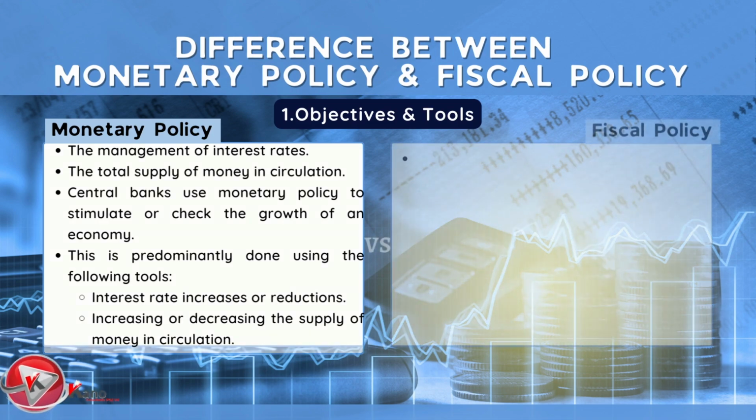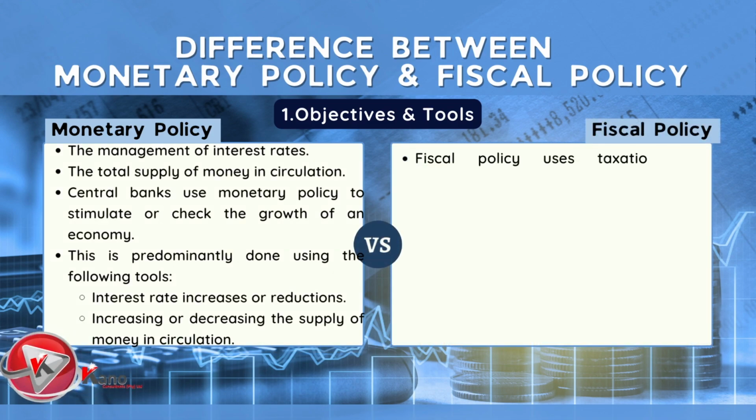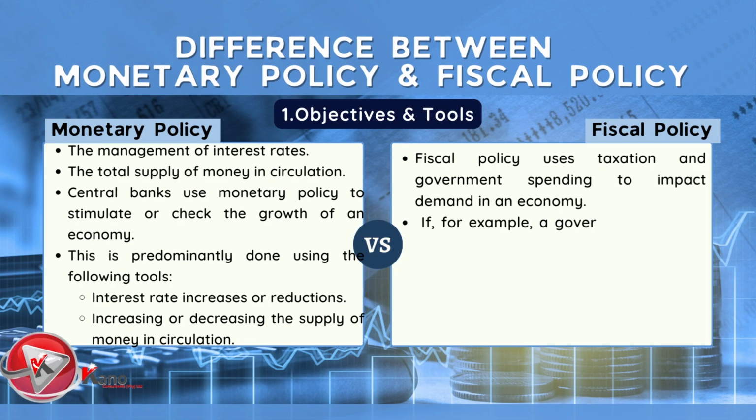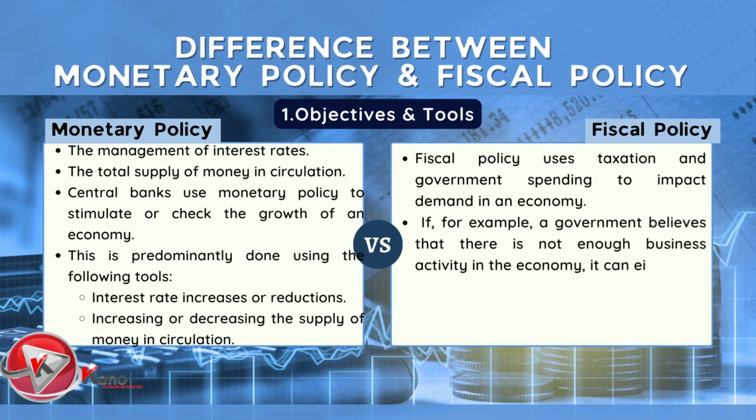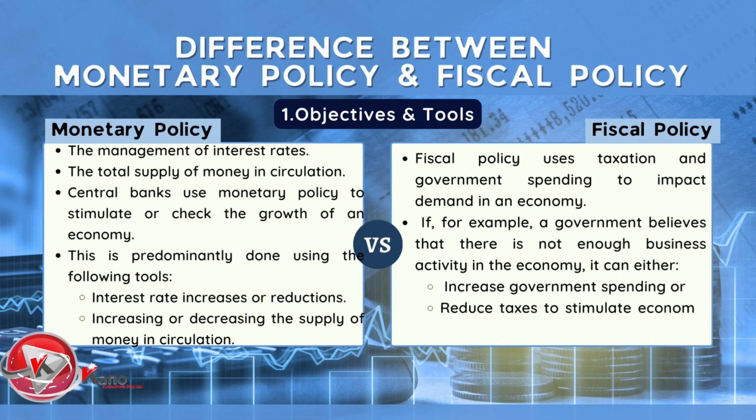Fiscal policy, on the other hand, relies on taxes and government spending to impact demand in an economy. If, for example, a government believes that there is not enough business activity in the economy, then it can either increase government spending to stimulate the economy, or reduce taxes in order to stimulate economic activity.